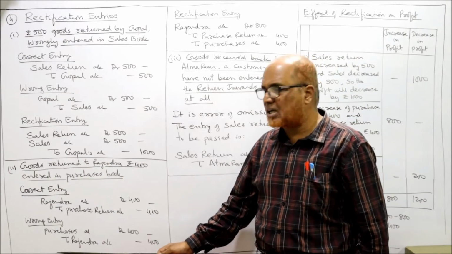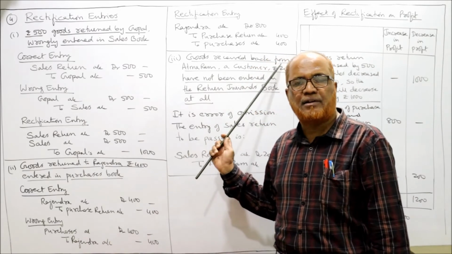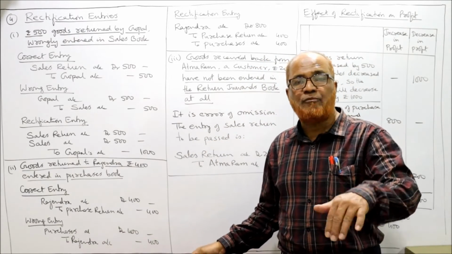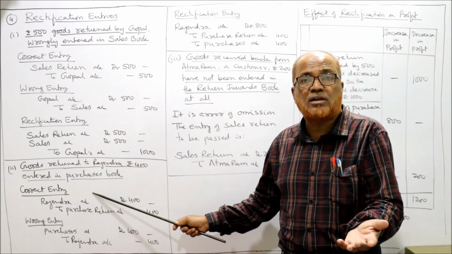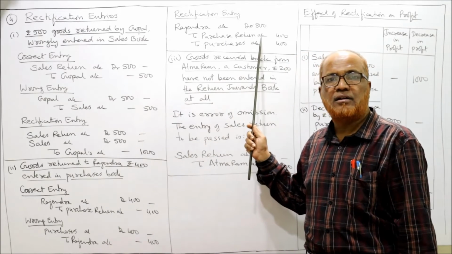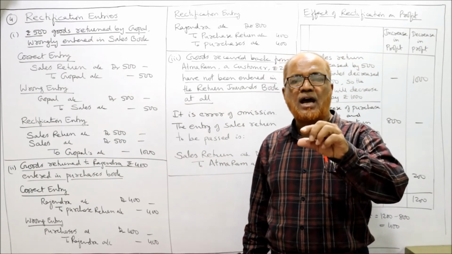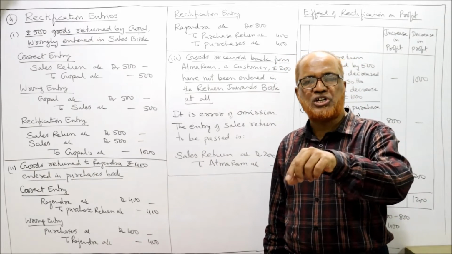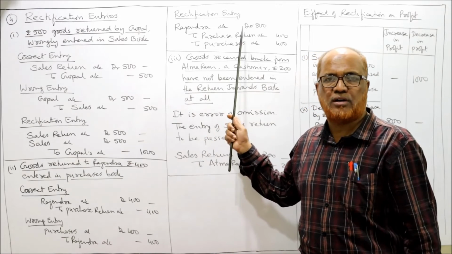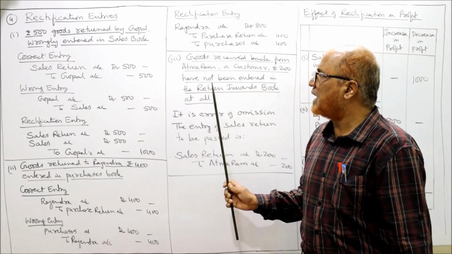Purchase account by mistake we have debited. Now we will credit. Purchase return should have been credited. We have not credited. Now we credit. So this is the rectifying entry. What is that? Rajendra account debtor 800 to purchase return 400 to purchase 400. This is the rectification.